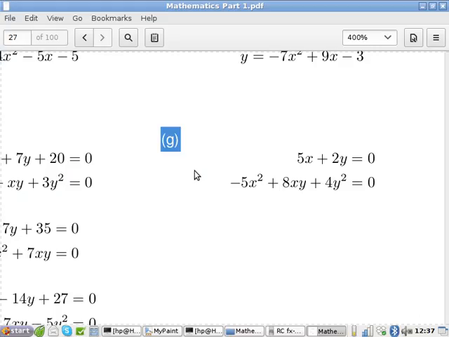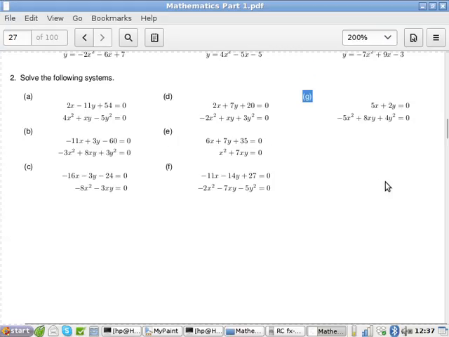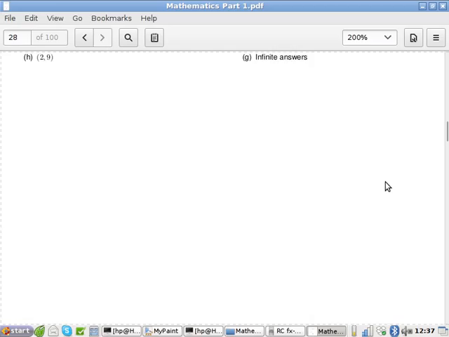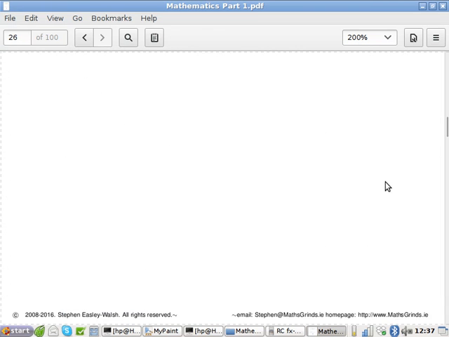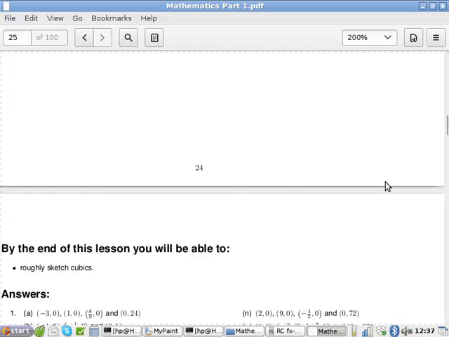Okay, I want to give you another one to try now. That's a little bit tricky. From the solving and sketching. Is that the next one? No, it was the one before that, wasn't it? I'm thinking which one.